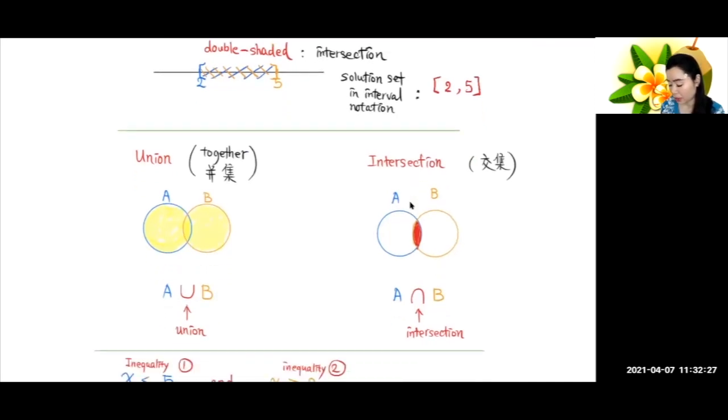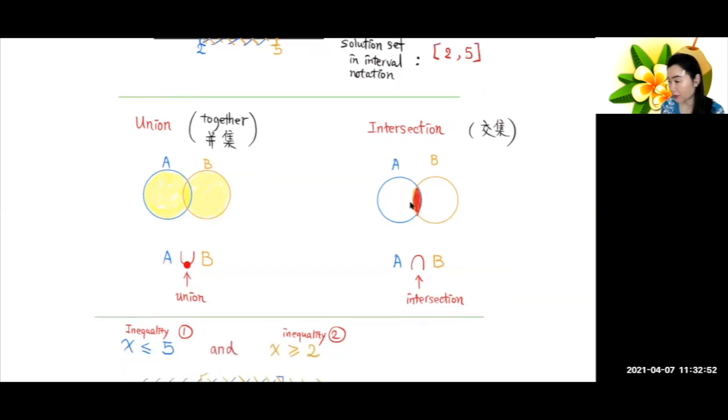You have this set A and this set B. When you union them together, union means put together, so you get the whole of A and the whole of B. It's everything in A and everything in B. The yellow shaded part here is the union of A and B. The symbol for union is like a U. You read this as A union B, which is A and B put together, the yellow highlighted set over here.